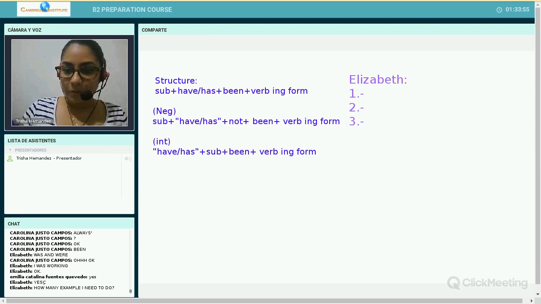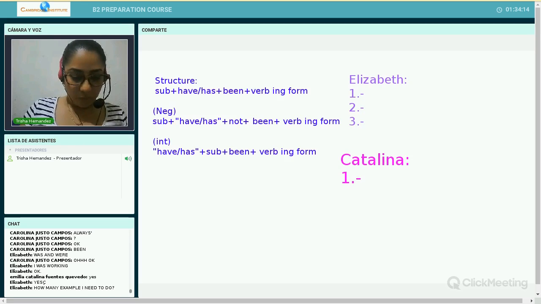You were purple. Now, I want to be pink for Catalina. Catalina is going to be pink. One, two, three.